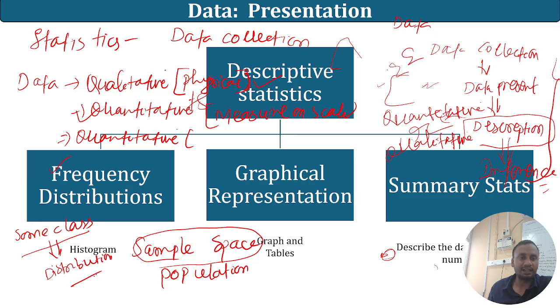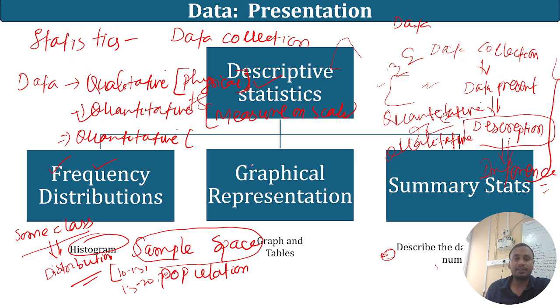Let's say we have age groups of 10 to 15, 15 to 20, or 20 to 25. For the class 10 to 15, what is the number we have? Let's say for the age of 10 to 15 we have 10 numbers, and for 15 to 20 we have 7 numbers. That is the frequency distribution, which can be shown as a histogram.